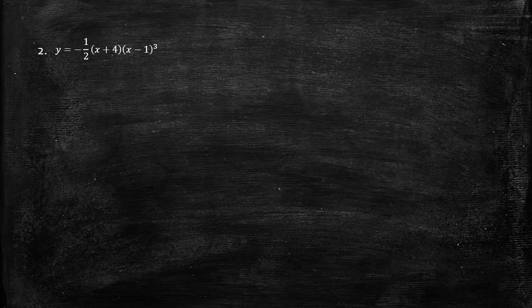This time the degree of our function: let's see, this is (x plus 4) to the first power, and then I have (x minus 3) cubed. So the whole thing is degree 4. So there's at most 3 turning points.